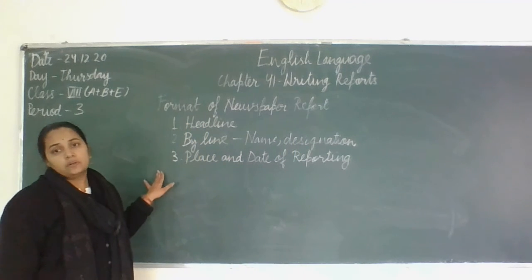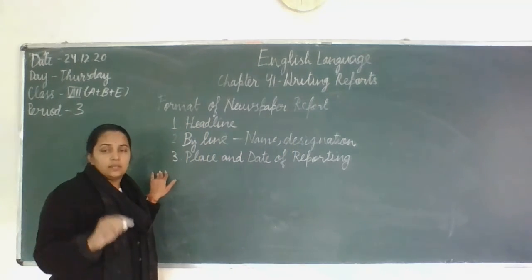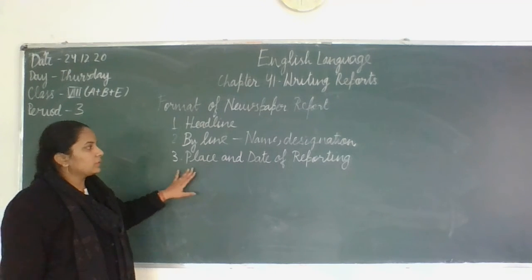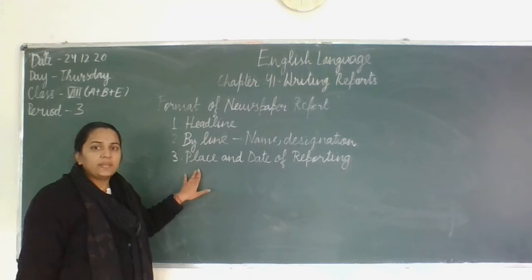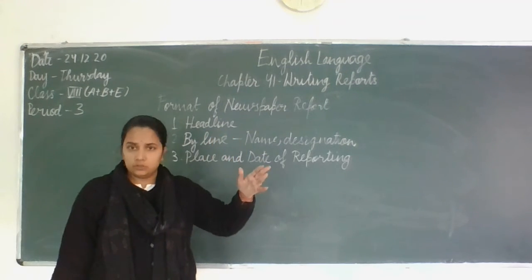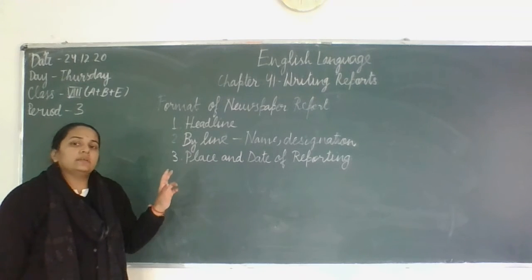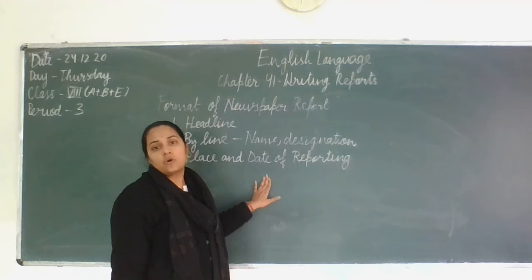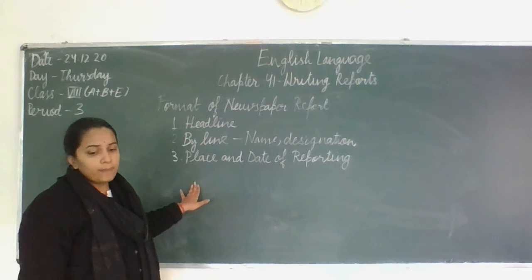In the newspaper, you must have noticed that before the starting of the report, this is mentioned. Usually the place is mentioned, because the date is the same as the one mentioned on the top of the newspaper. But if you are simply writing one column, one report, then the place and date of reporting should be mentioned.